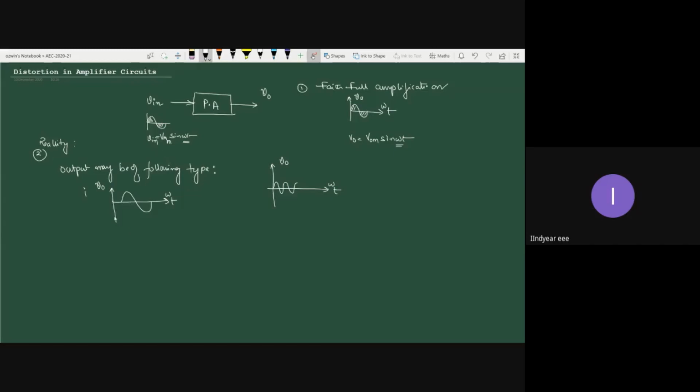All right, now if you compare the input, the input starts from 0 offset value. That means the input voltage is starting from the 0 volt level. But if you see the first output, you observe that it is not starting from the origin. Instead, it is starting with some delay angle phi. So this is called phase distortion.